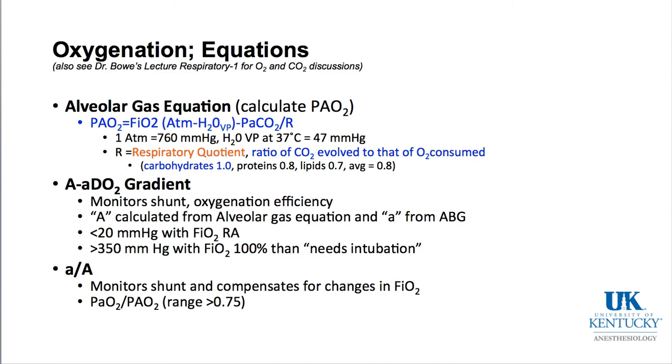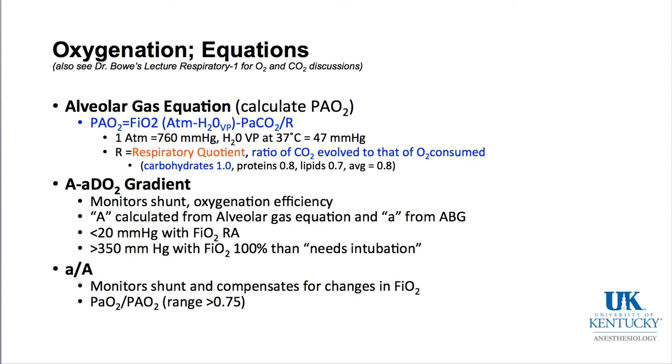AA gradient is calculated using the alveolar gas equation to calculate the big A, and then an arterial blood gas to obtain the little a. And when you're breathing room air, that should be less than 20 millimeters of mercury, AA gradient. And if you're breathing 100% oxygen and your AA gradient is greater than 350, this is an indicator of acute respiratory failure.